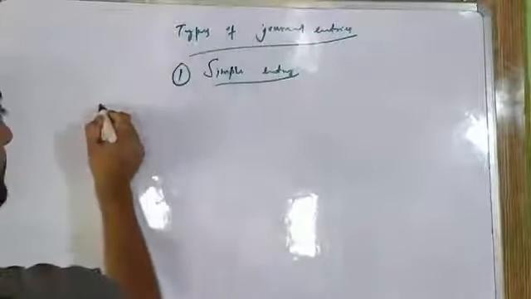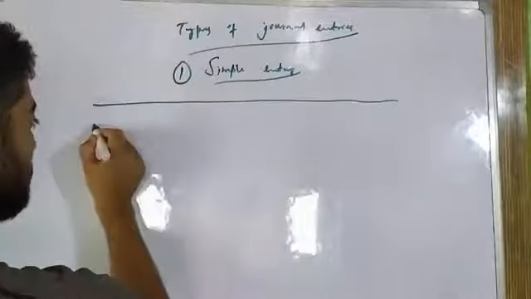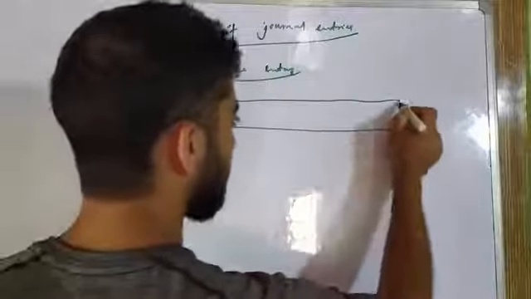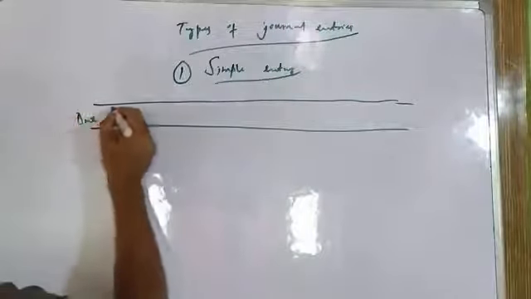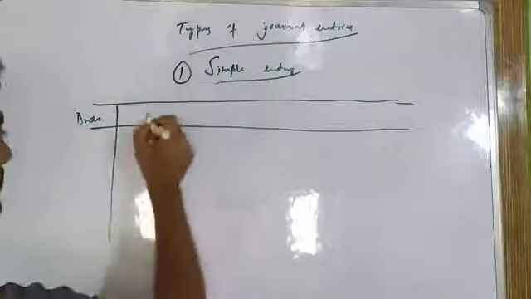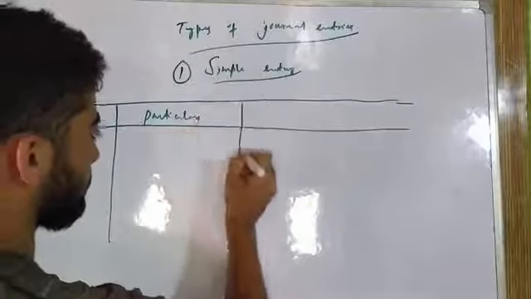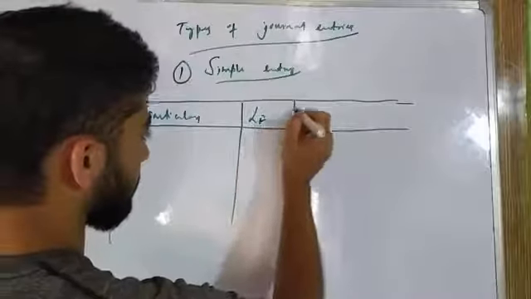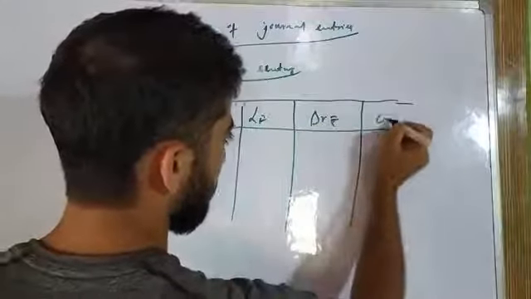To understand the types of entries, let us make a format of journal here. Date, particulars, ledger folio, debit amount, credit amount.